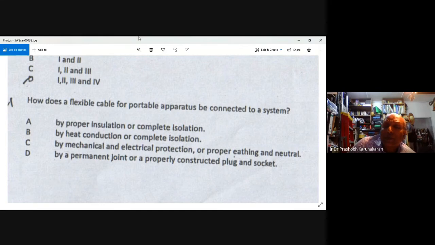By proper installation or complete isolation, by heat conduction or complete isolation, that one for sure out. By mechanical and electrical protection or proper earthing and neutral, that sounds the most correct. Okay, so C is the best one. Next one.